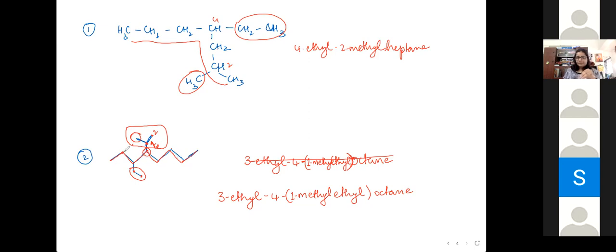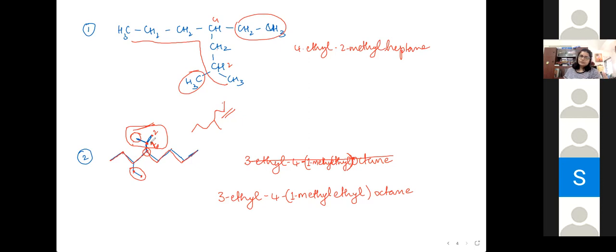So go logically. Longest chain, you guys found out. Then see what all substituents are there. This is pretty simple, ethyl. Here, see what's going on. If you say propyl, if you have something like this, 1, 2, 3, this also can be a propyl. So how do you differentiate this propyl from this propyl?